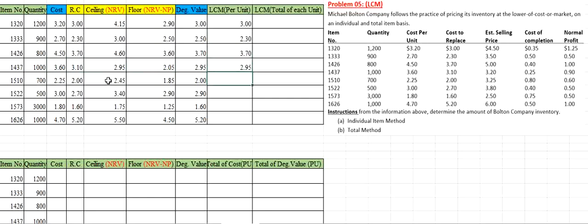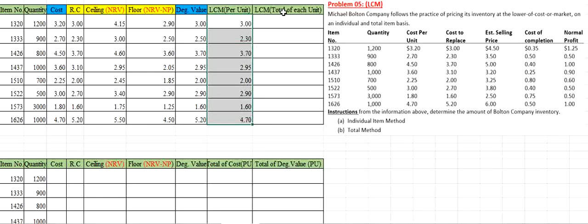We got 2.25 and 2. So 2 is the smallest value. 3 and 2.9, so we're going to choose 2.9. 1.8 and 1.6, we will choose 1.6. And the last one is 4.7 and 5.2, we will choose 4.7 definitely. So this is our LCM on individual basis, till this column.